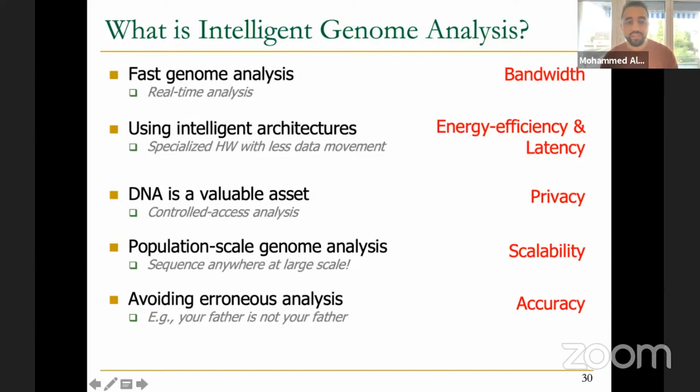So fast genome analysis is one important metric, but we also want to use energy efficient devices to do the analysis, given that we are targeting population scale. Plus scalability. It's not about how fast you can do one analysis, but how many analyses you can do in a given day, for example. That is scalability. So it's very important to meet this metric.